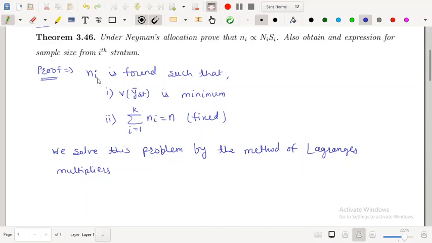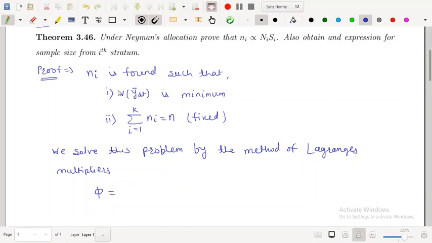For that ni, the variance of Y bar st should be minimum, and one condition is that the total sample size should not change, it is fixed. So in Lagrange's multipliers we define some phi.